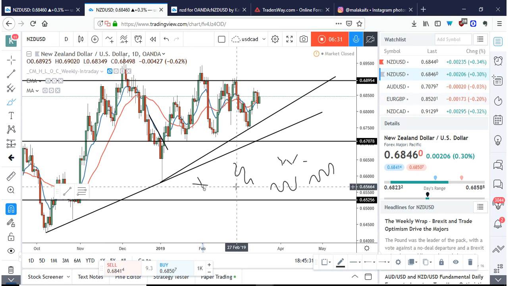So I'm going to show you how we're going to do entries with your support and resistance lines, and I'm going to show you how to do entries with your trend lines, counter trend lines, and a little bit of candlestick pattern analysis in there with it.